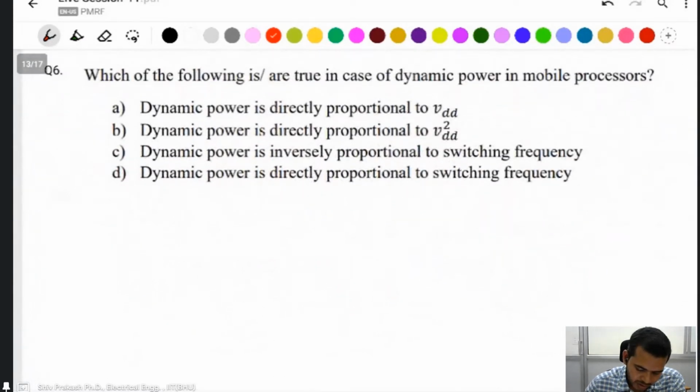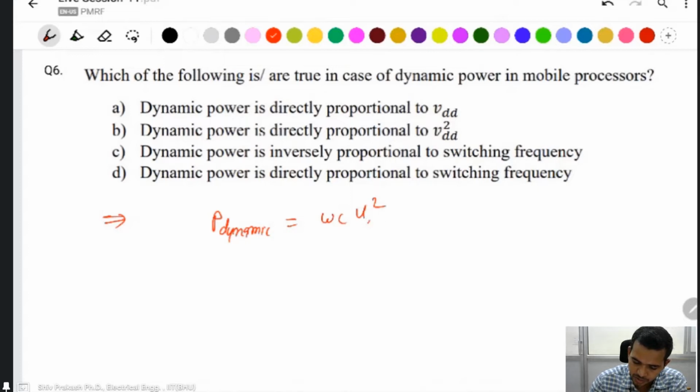Question number 6 is given. Which of the following is true in case of dynamic power in a mobile processor? If you know dynamic power in a mobile processor, dynamic power is like omega C into V square, VDD square.